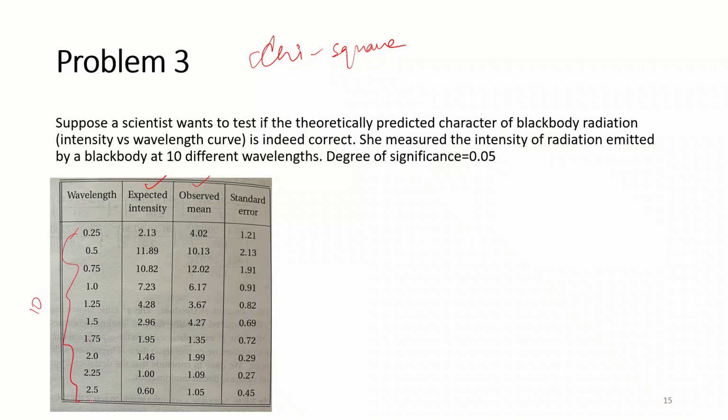In some conditions you will have the total fixed. Say the total should be 10, you have 5 in A, 5 in B, and without telling C, we know that it will be 0. In that condition, the degree of freedom will be n minus 1. But here, as all the terms are independent, we will consider the degree of freedom as 10.